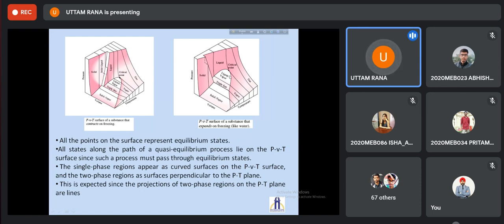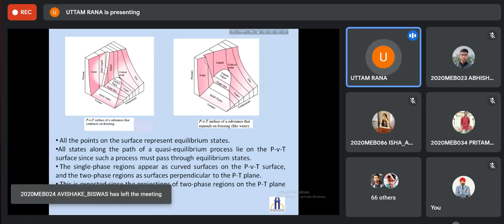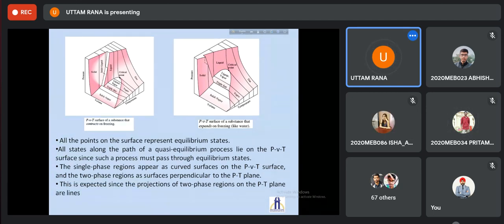In this diagram, the single phase region appears on curved surfaces. What is meant by the single phase region? In the single phase region, how many properties are required to specify the state? Please tell me. 2, right? So that's why the single phase region is curved.